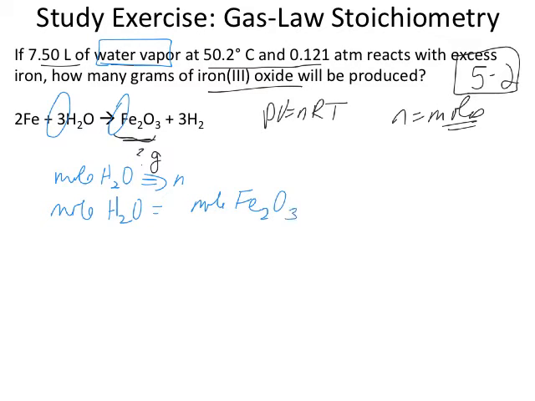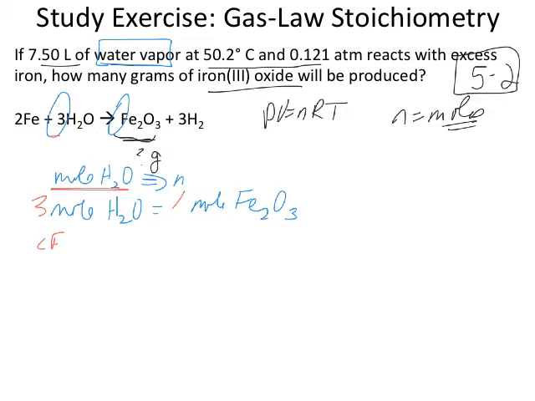This is our conversion factor. So we're going to have 3 moles of water equals 1 mole of iron oxide. So the key here is to get mole of water to be able to do the stoichiometry for how much iron oxide will be produced.